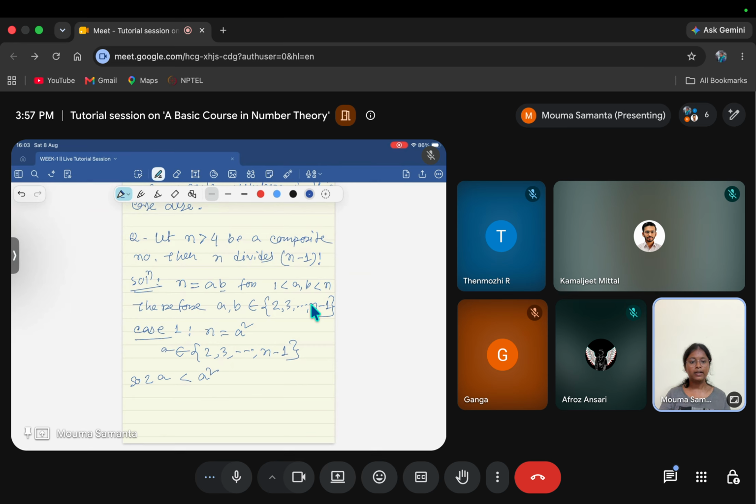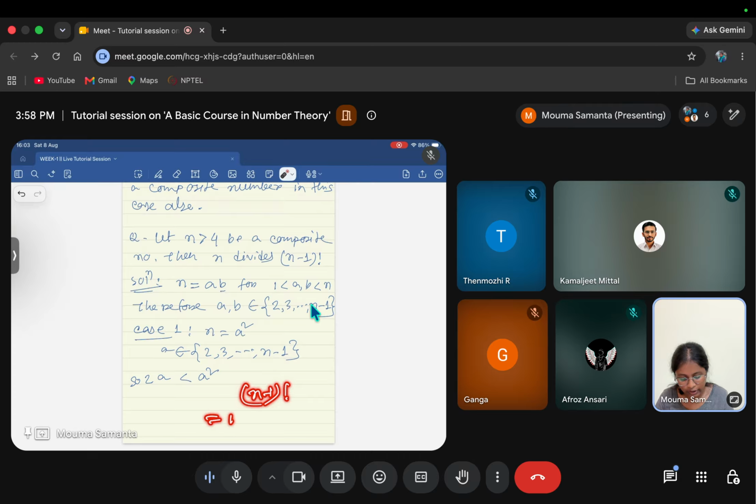Now since a is inside this set, a will divide n minus 1 factorial. It is clear, because a is one of those integers. N minus 1 factorial is equal to 1 into 2 up to n minus 1, the product of these n minus 1 elements, and a is one of these integers.